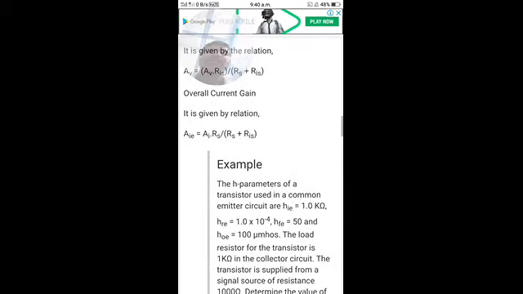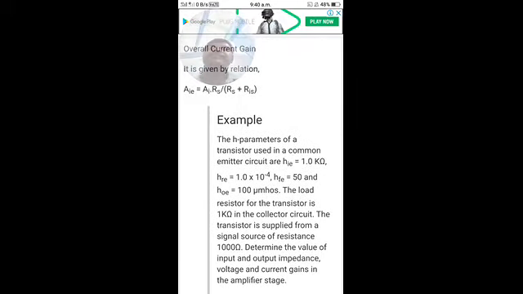So the overall voltage gain considering the source resistance, AVS, is equal to AV into RIS by RIS plus RS, and the overall current gain AIS is AI into RS by RS plus R dash. Now consider one example.